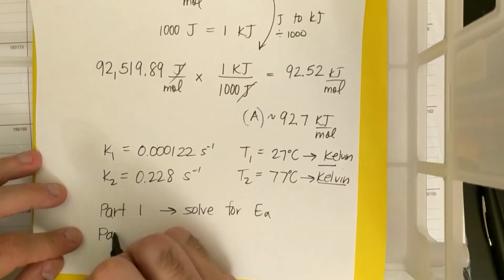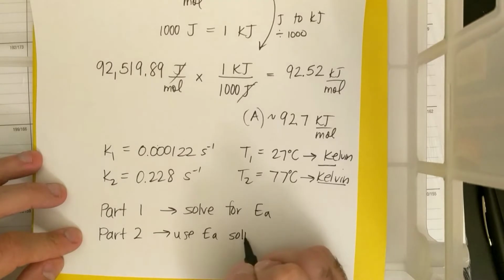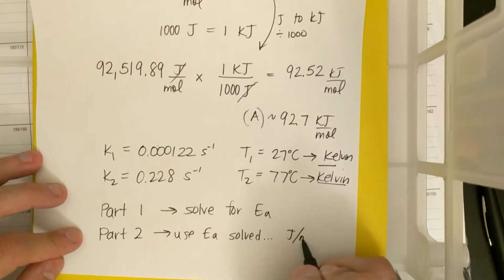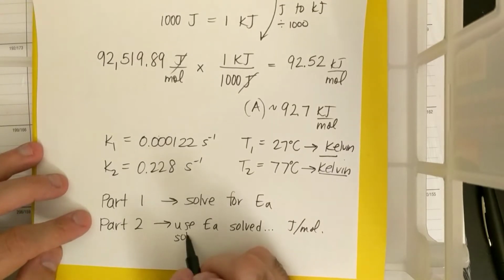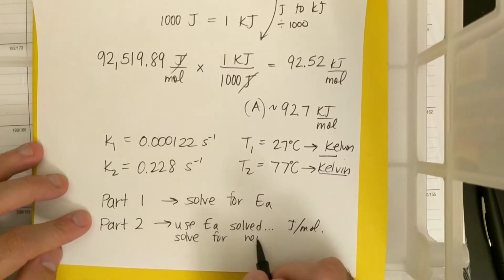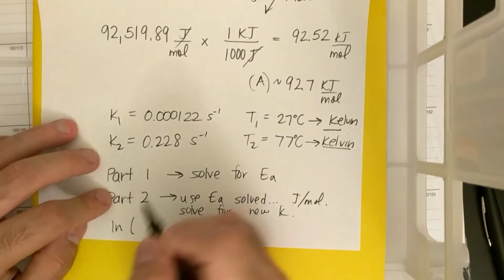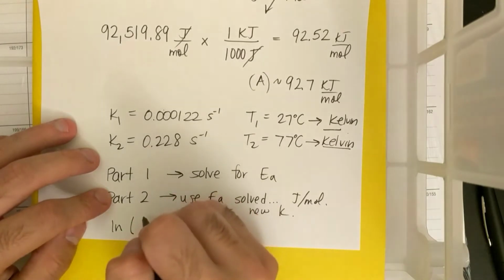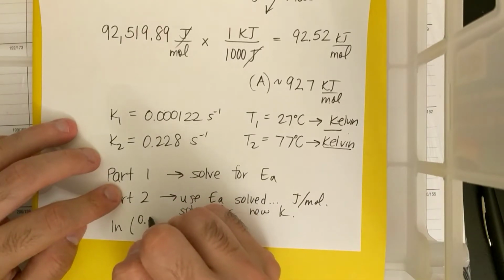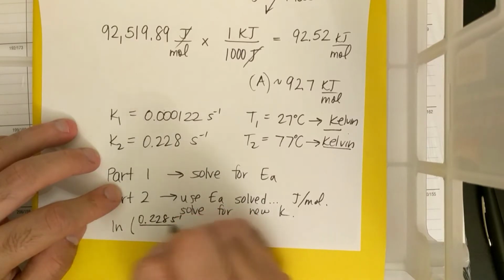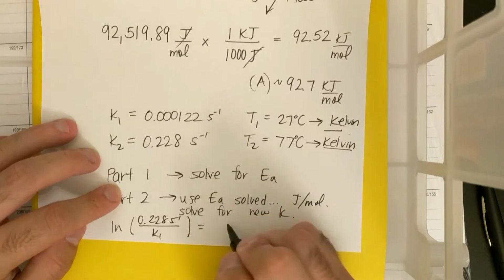And then part 2, use the EA that you solved, make sure it's in joules per mole, and then solve for a new K. So when you set it up in the end, you'll have natural log of, you could use one of these values, let's say I use this one, 0.228 per second, K2 over K1 equals the EA that you get.